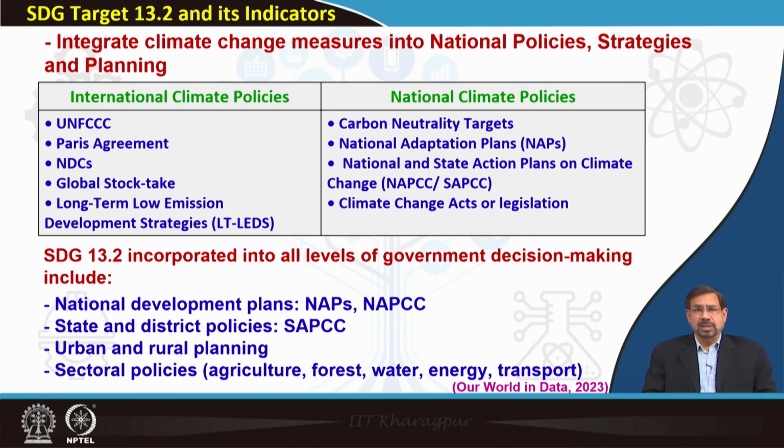We will discuss all these, taking different examples. Then we will talk about state and district policies in terms of SAPCCs, the state action plan on climate change. We will discuss urban and rural planning, and also the sectoral policies in various sectors such as agriculture, forest, water, energy and transport.